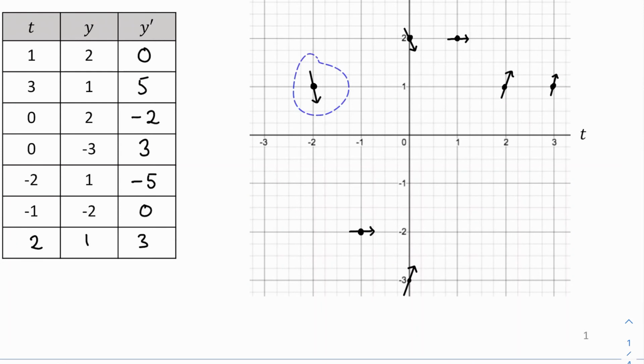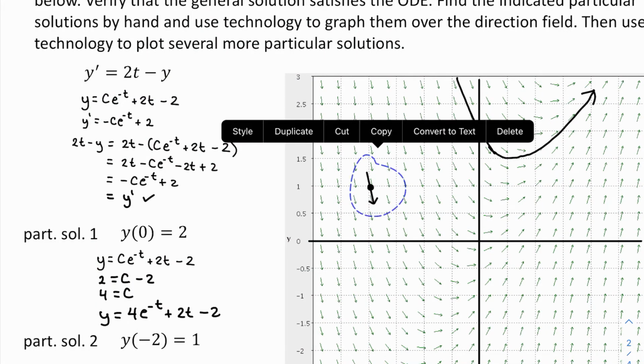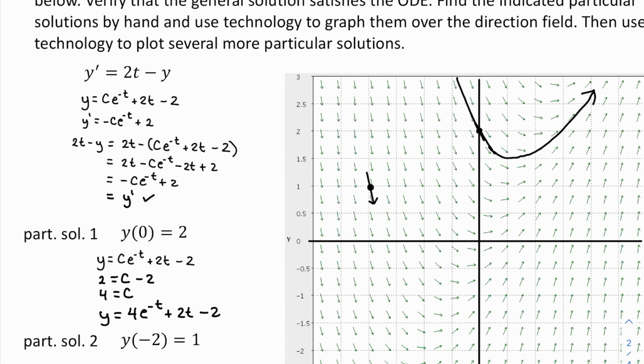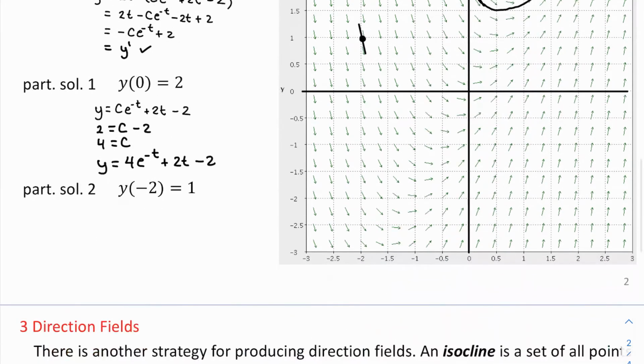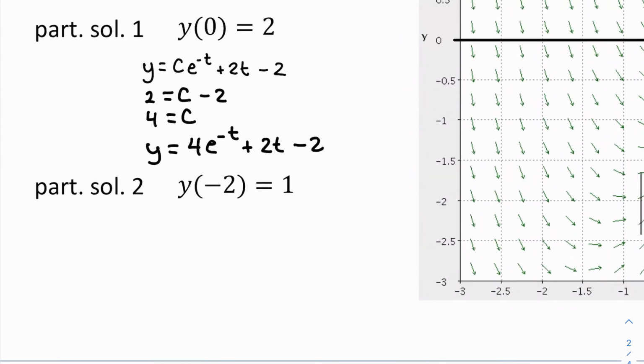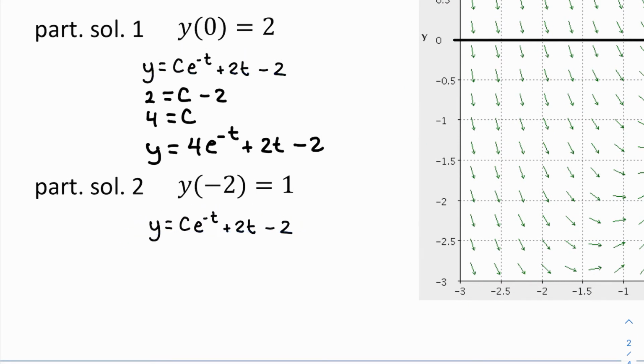So I could just copy this here and bring it down here. And at (-2, 1), that's the steepness of the curve we want going through that point. Notice it just follows those direction arrows. Okay, now let's go ahead and find the value C that's needed. So I'll copy this part here again, bring that down.